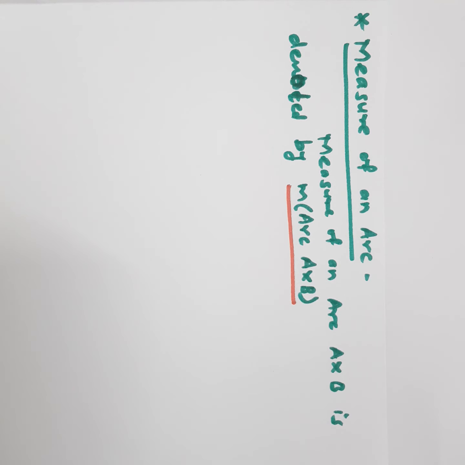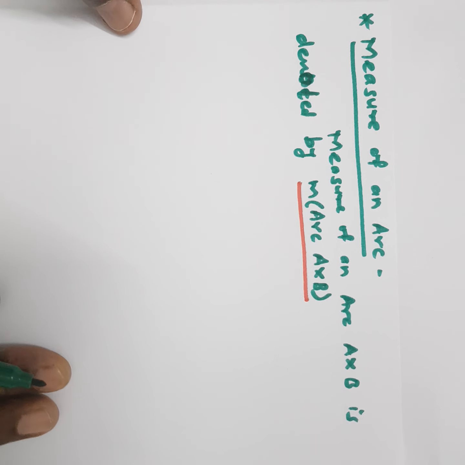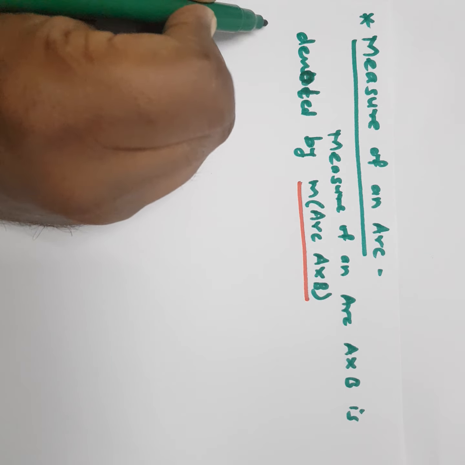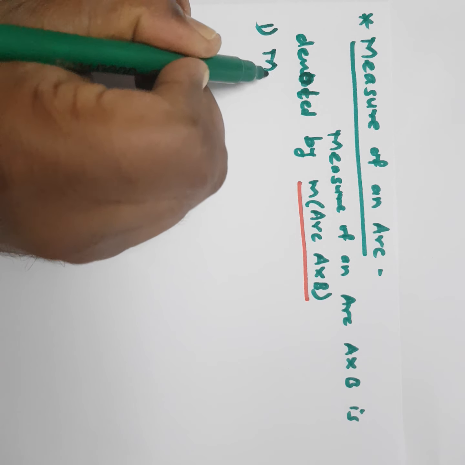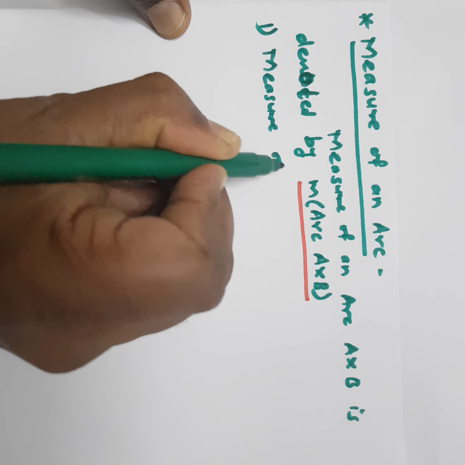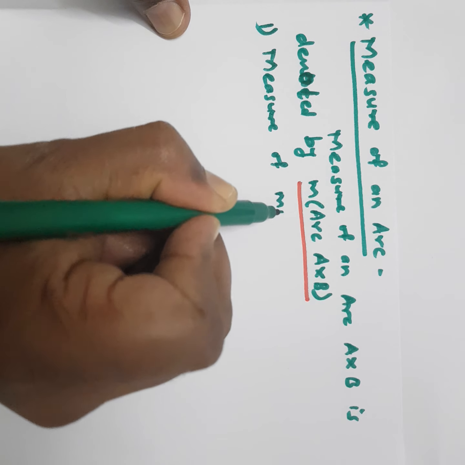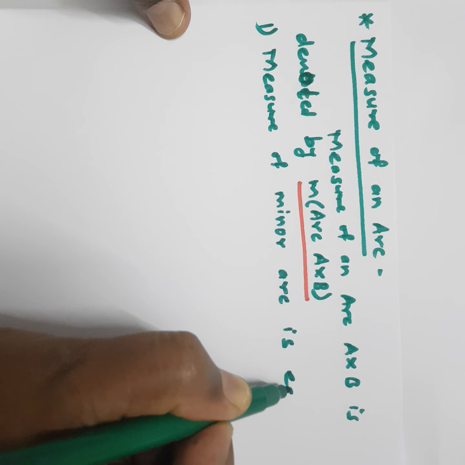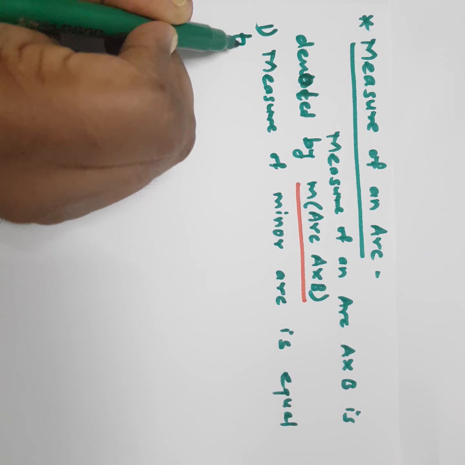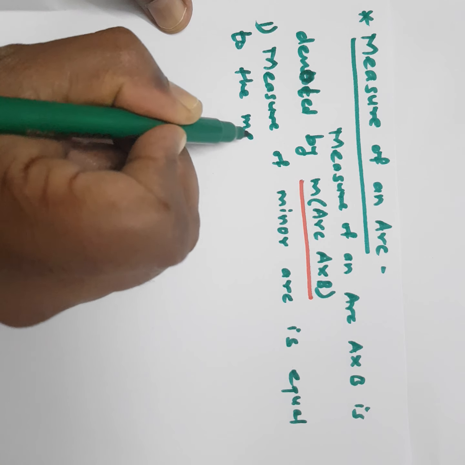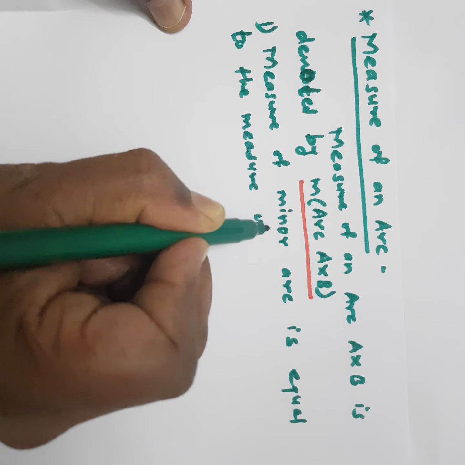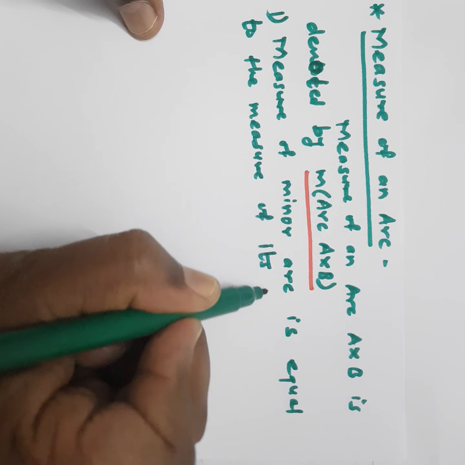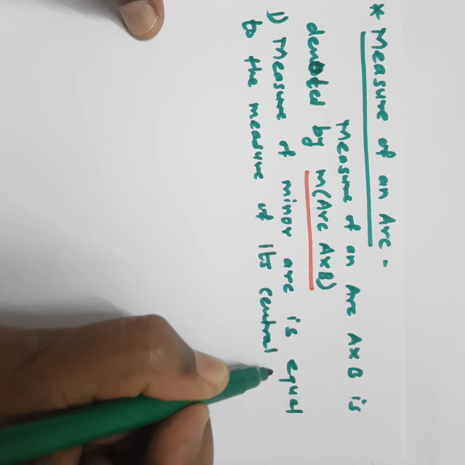We know there are types of arc, that is minor arc, major arc, and also semicircle. Therefore, first, the measure of a minor arc is equal to the measure of its central angle.